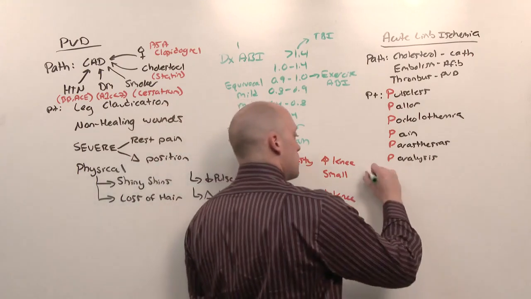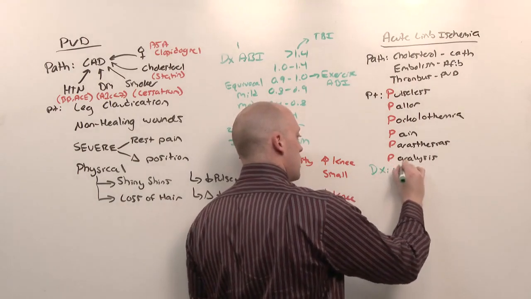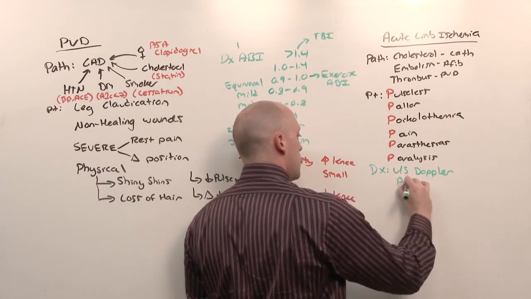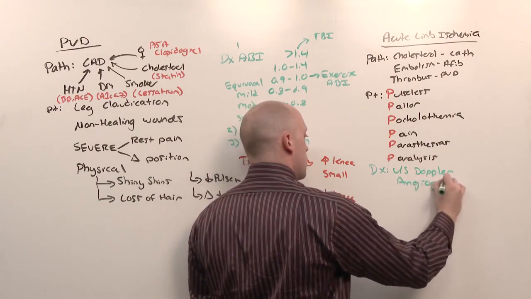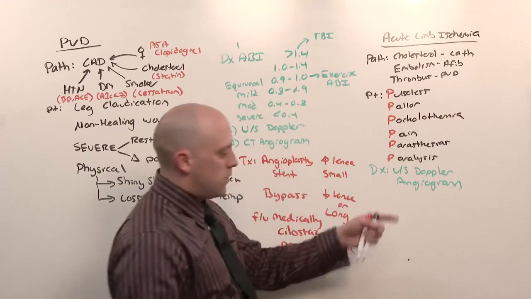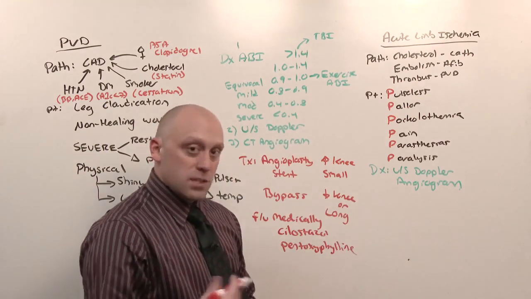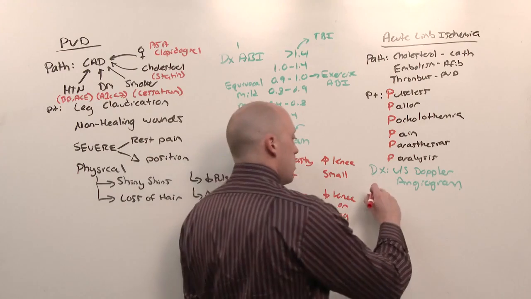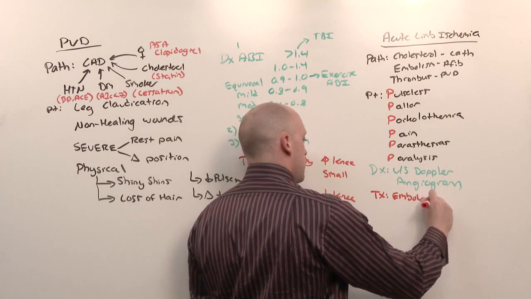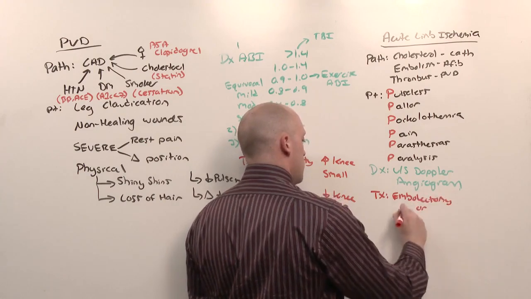So the diagnosis begins with the ultrasound with Doppler, trying to identify where the area is lost. And here's where you're going to jump on the angiogram because you need to get in there and fix it. This is like a STEMI. You have to get in there and do some endovascular procedure. And to fix it, you're going to do either an embolectomy or TPA.